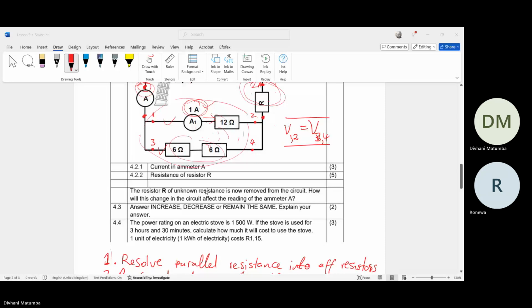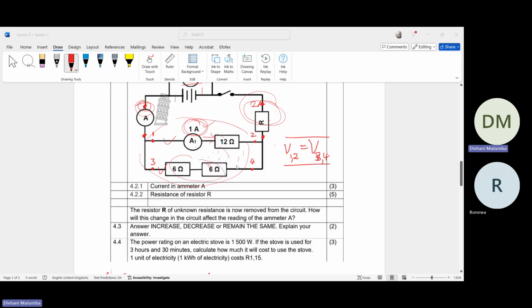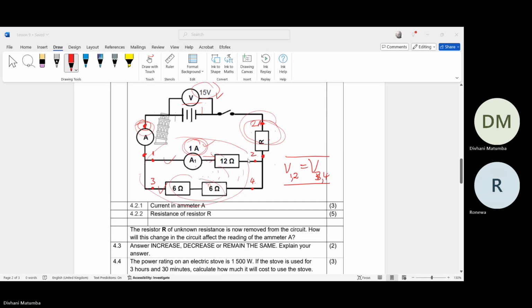Okay. So last week we successfully calculated the resistance of resistor R. Was it difficult? It was confusing sometimes. Okay, no problem.